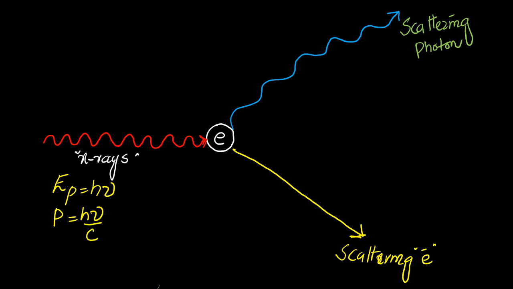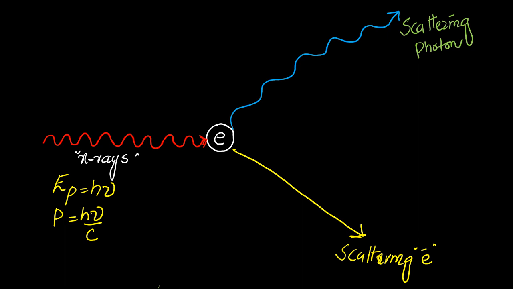Now student, in the Compton effect, highly energetic X-rays are incident on the electrons present on the surface of graphite. These electrons usually move with very small speeds, so they are considered to be at rest.